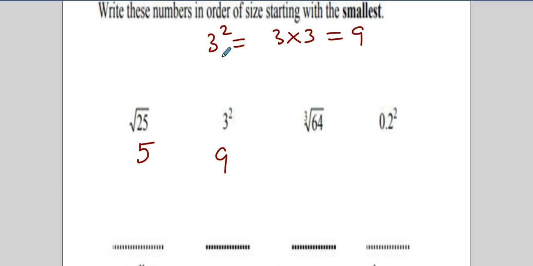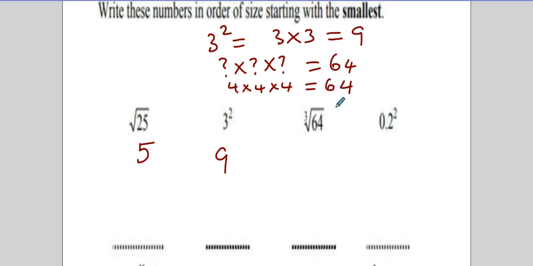Cube root of 64 is which number multiplied by itself 3 times gives you 64. So 4 times 4 times 4, is this going to be equal to 64? The answer is yes. So cube root of 64, the answer is 4.